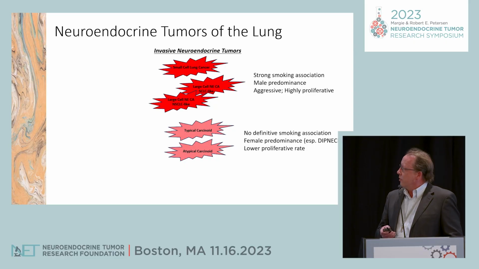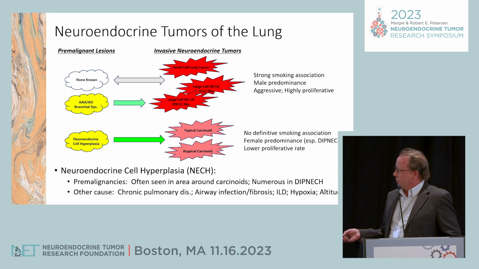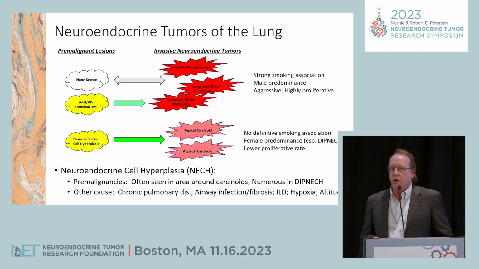So let's move on to the second slide, which really focuses on the area that we're particularly interested in, and that's the premalignant lesions. For the more aggressive neuroendocrine type tumors, for the most part, there are no known existing premalignant lesions. But neuroendocrine cell hyperplasia, or NEC lesions, are well-recognized unique lesions that are associated with development of carcinoid tumors in the lung.